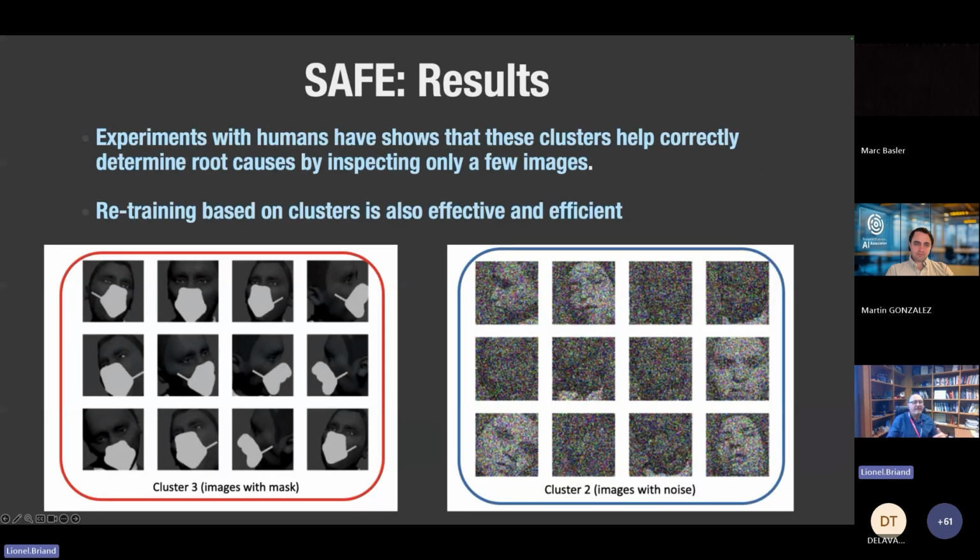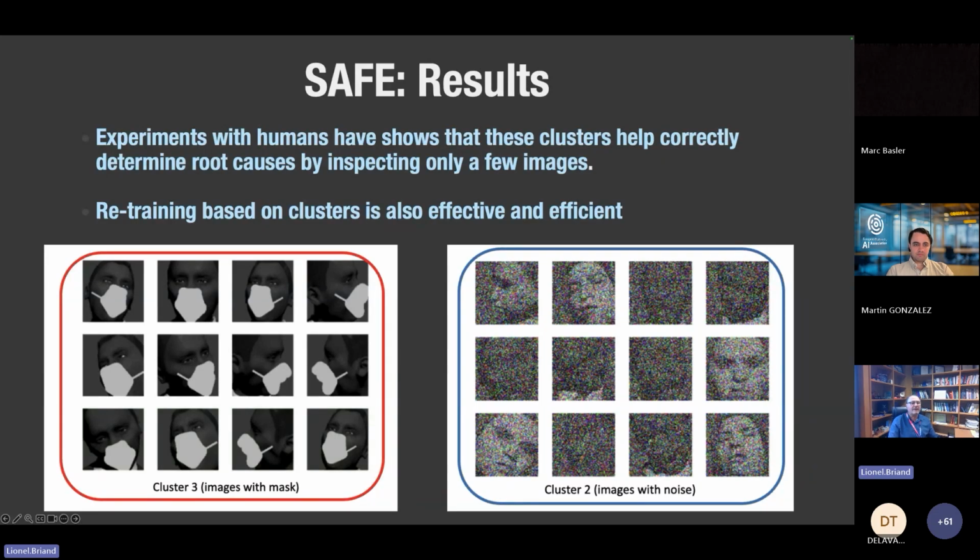So what we did is that we did experiments with engineers where we provided them with clusters and we asked them to, by analyzing randomly 5 images from each cluster, tell us what were the root causes of mispredictions.